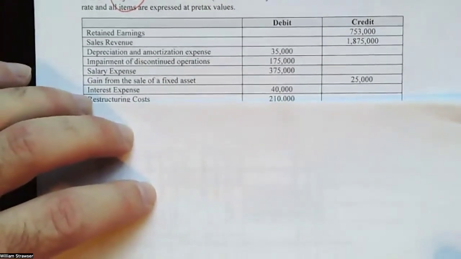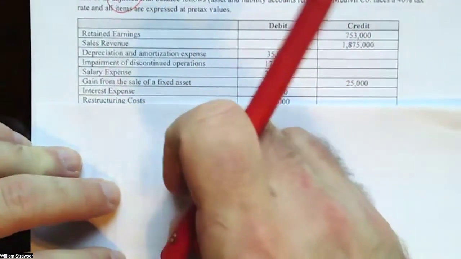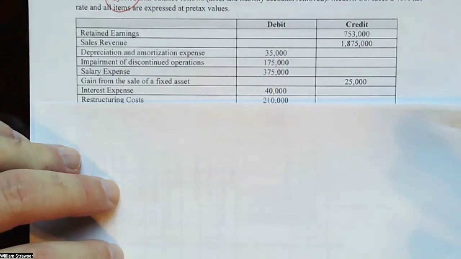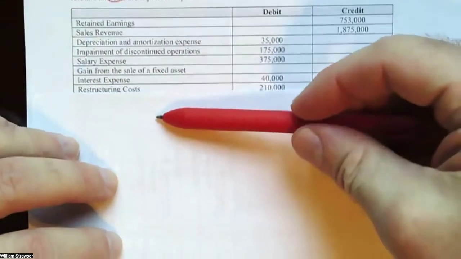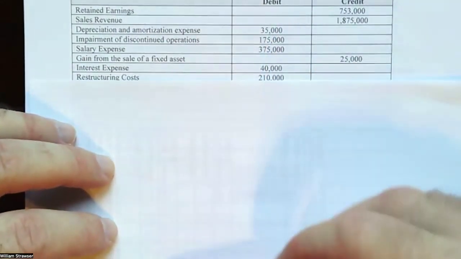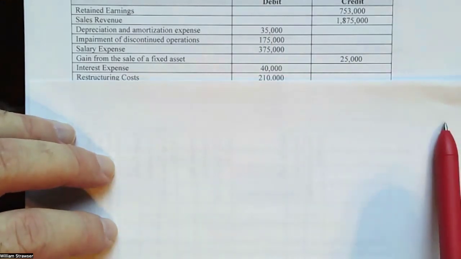Again, the easiest way to show work for a problem like this is just to give me an informal income statement. My advice, and this is just coming from my perspective and how I like to lay it out, is that I find that the students who lay it out vertically tend to do much better than those who lay it out horizontally.